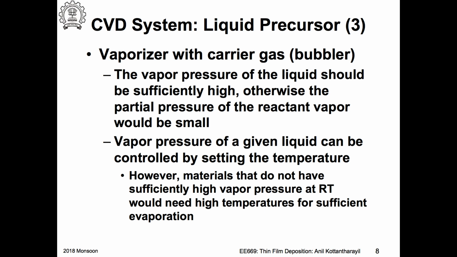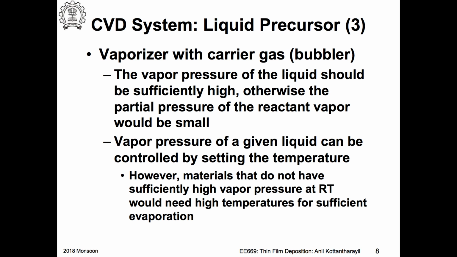And also I get a possibility to dilute the vapor that goes in. And dilution means I don't really want to have any reaction between the carrier gas and the vapor. Now, vapor pressure of a given liquid can be controlled by setting the temperature. So you heat it up, usually the vapor pressure goes up.